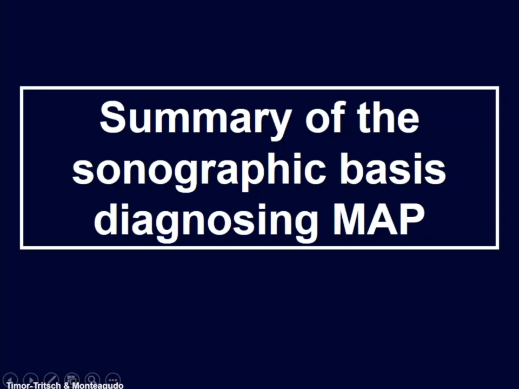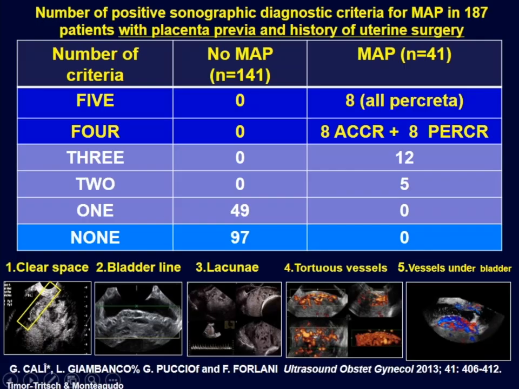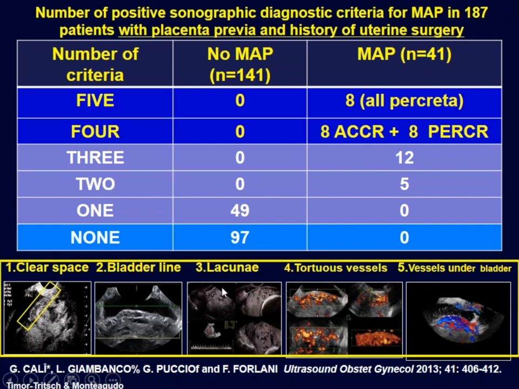So here is the summary of the sonographic basis for diagnosing morbidly adherent placenta, based on an article by Dr. Cali, and you can see here the clear space, bladder line, lacunae, tortuous vessels, and the vessels under the bladder. If 5 of these criteria were present in his series of 187 cases, in 141 there was no morbidly adherent placenta.